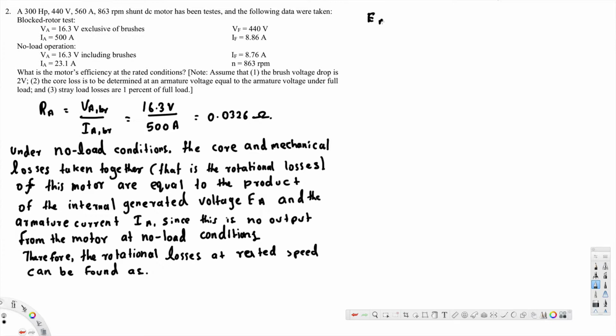Therefore the rotational losses at rated speed can be found as follows. EA is equal to VA minus V brush minus IA RA. VA is equal to 442 voltage, minus V brush is 2 voltage, minus IA is 23.1 ampere times RA is 0.0326 ohm. That's what we calculated right here.